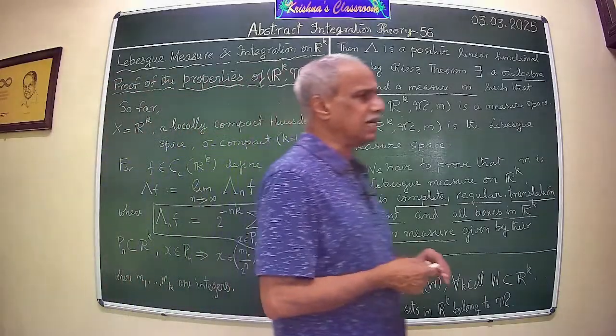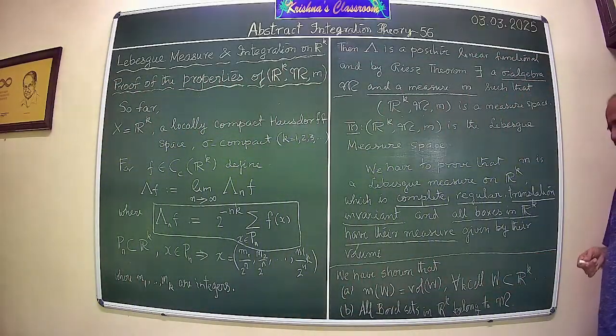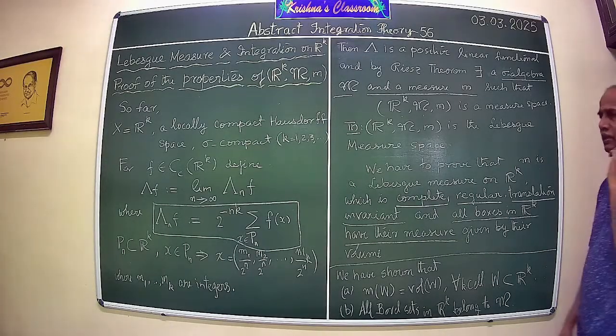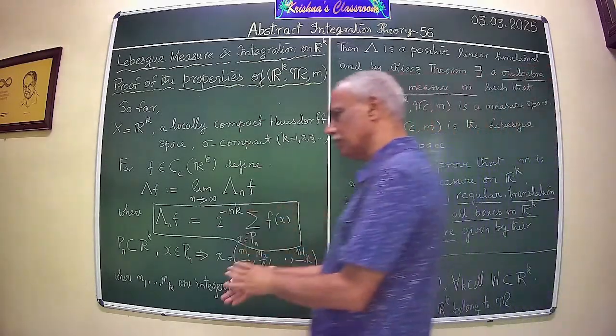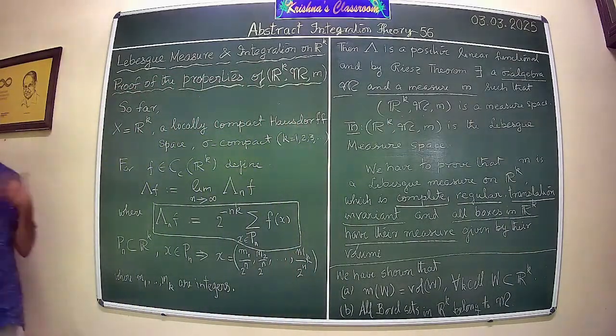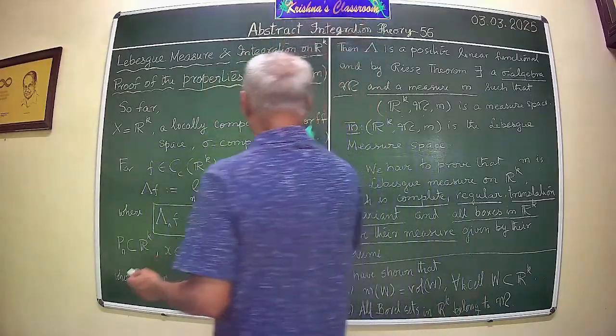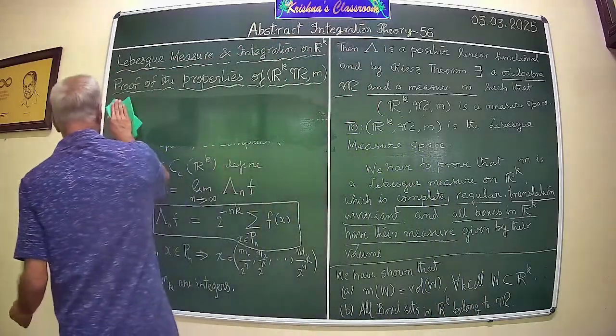In general it need not be a closed set. Such sets are called F sigmas. And by the basic property of the sigma algebra, they are also in the sigma algebra. So all F sigmas and all G deltas are in script M.